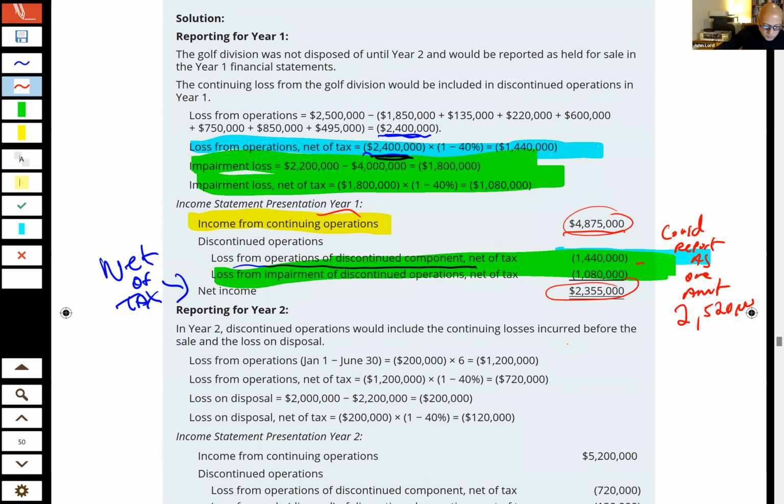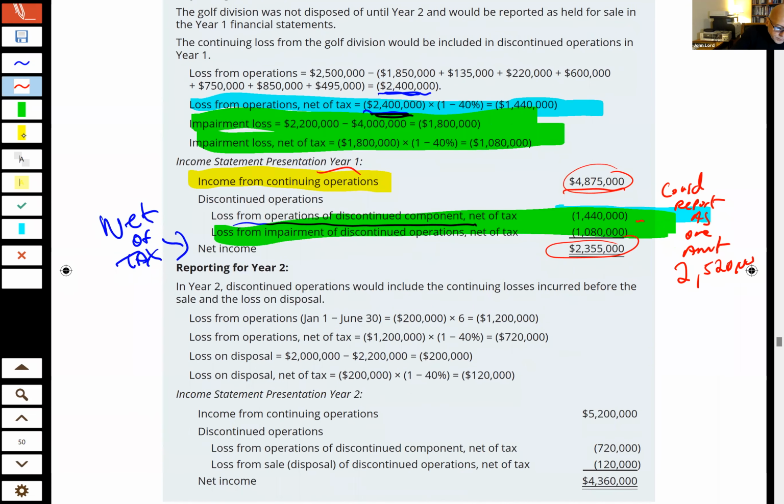Okay, now in year 2, they tell us, and they told us up in the problem, that they continue to lose 200,000 a month. We take the amounts in the period that they occur. We didn't get rid of the thing until June 30th, so that's 6 months.